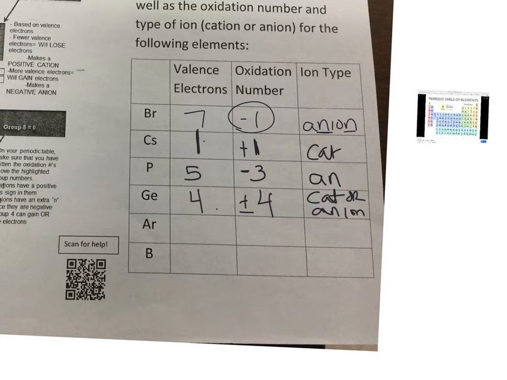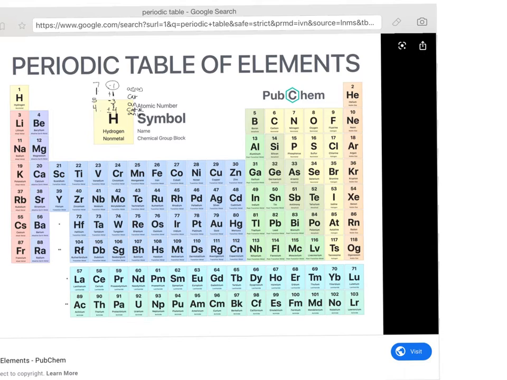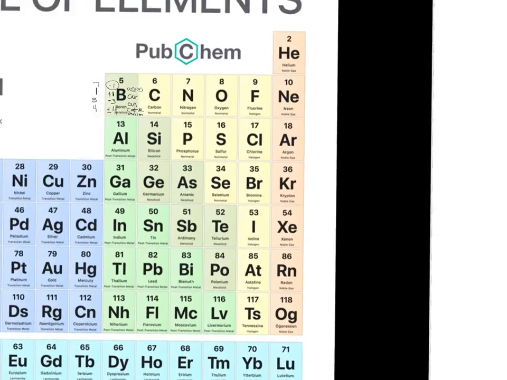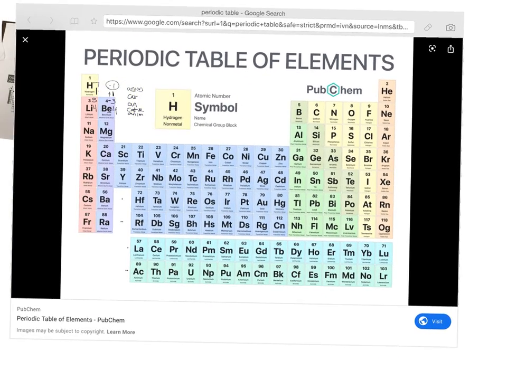Okay, we got arsenic. Is that right? Is it arsenic? No, it's argon. Argon is a noble gas. What did we say about the number of electrons in argon's outer shell? So let's see. 1, 2, skip a few, 3, 4, 5, 6, 7, 8.